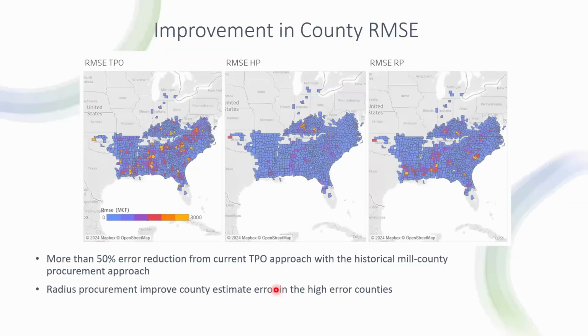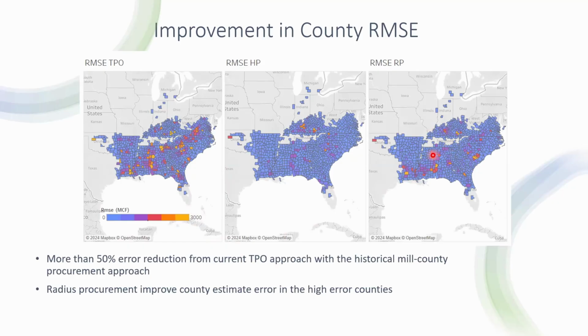And this is a map of the IMSE in each county. We can see that the radius procurement method improved high IMSE counties, like the yellow ones. So it helps improve that.